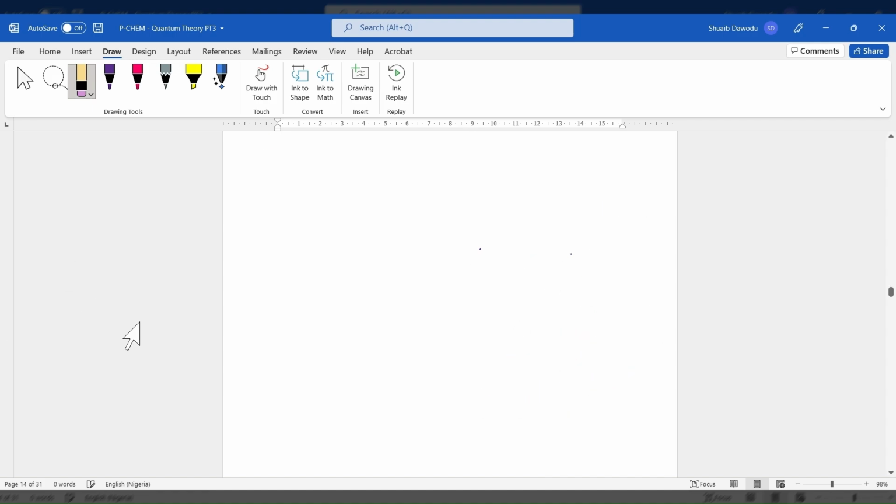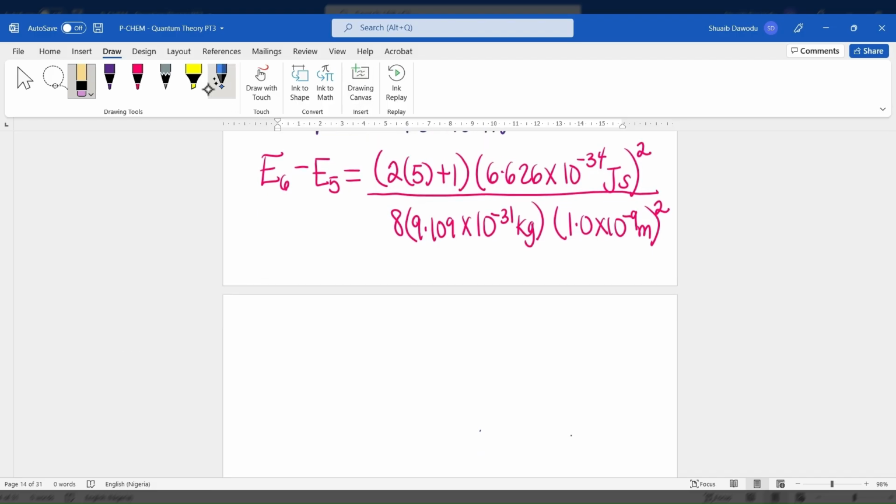So yeah, that's it. So I'll rewrite E6 minus E5. E6 minus E5 is the same thing as 2 times 5 plus 1, oof, would have messed up our work, multiplied by 6.626 times 10 raised to the power of negative 34 joule seconds.